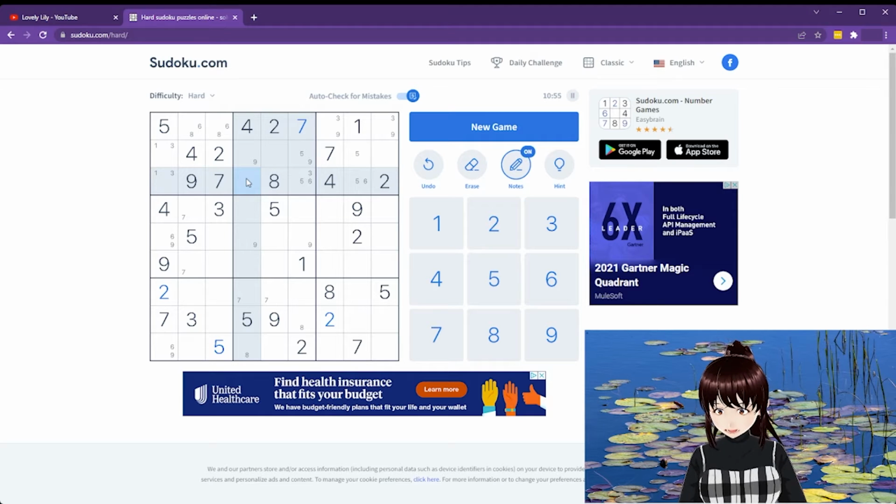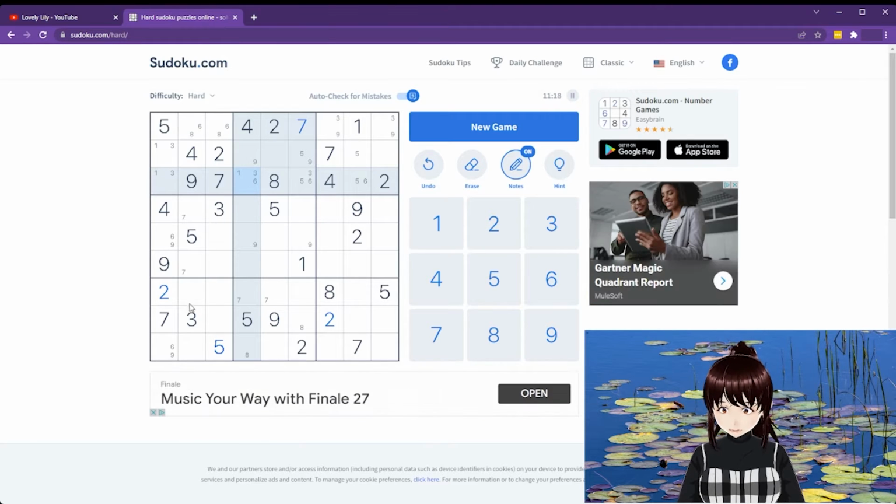And then here we have a 1, 3, or 6 because that's a 5. Now that kind of accounts for this row, but these aren't pairs, so it doesn't help us a whole lot. Just a little tiny bit. But with these kinds of games, sometimes you take anything you can get because they get hard.